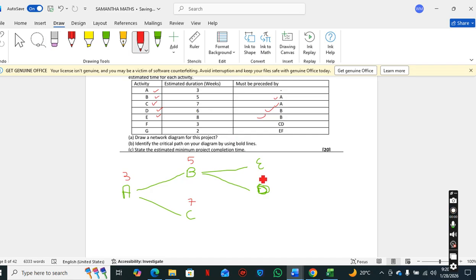Let me just make this correction. So activity D 6 weeks, activity E 8 weeks.